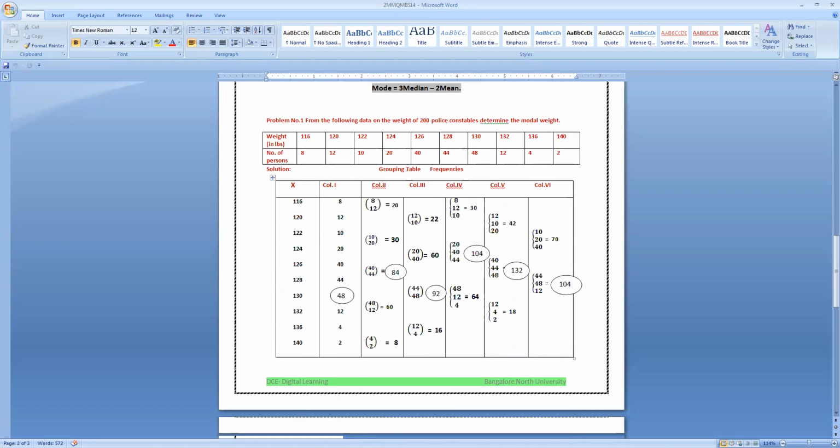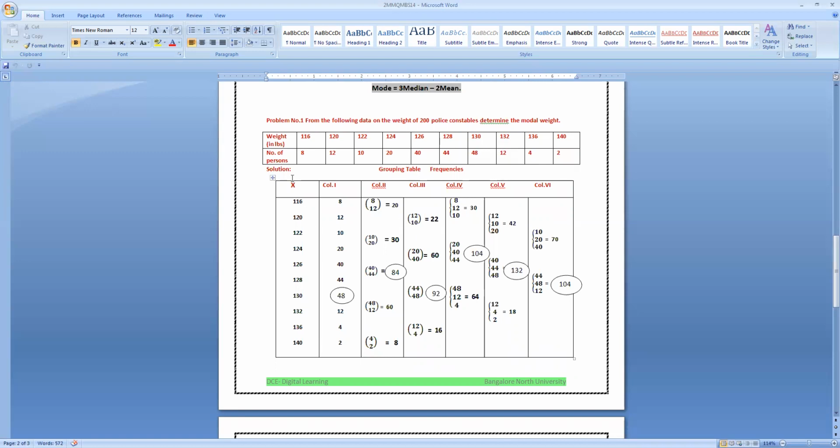There is a question. From the following data on the weights of 200 police constables, determine the modal weight. Here they have given the weights of the people: 116 kg, 120 kg, 122, 124, 126, 128, 130, 132, 136, and 140.